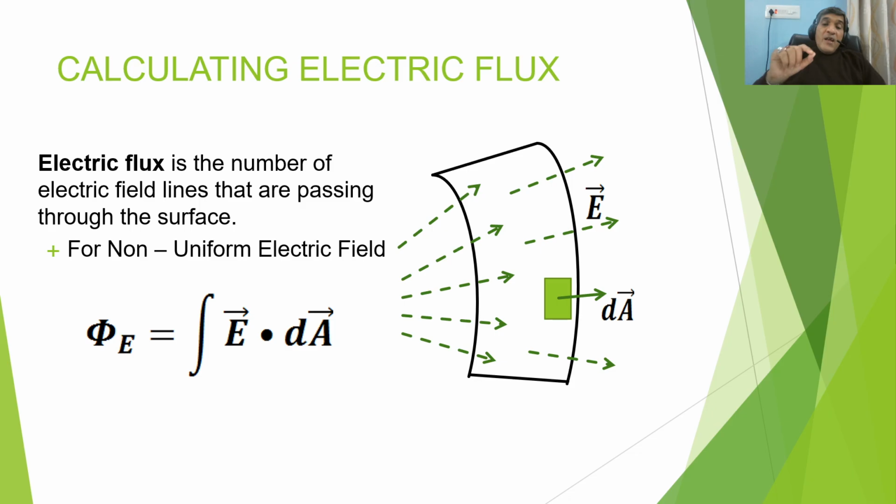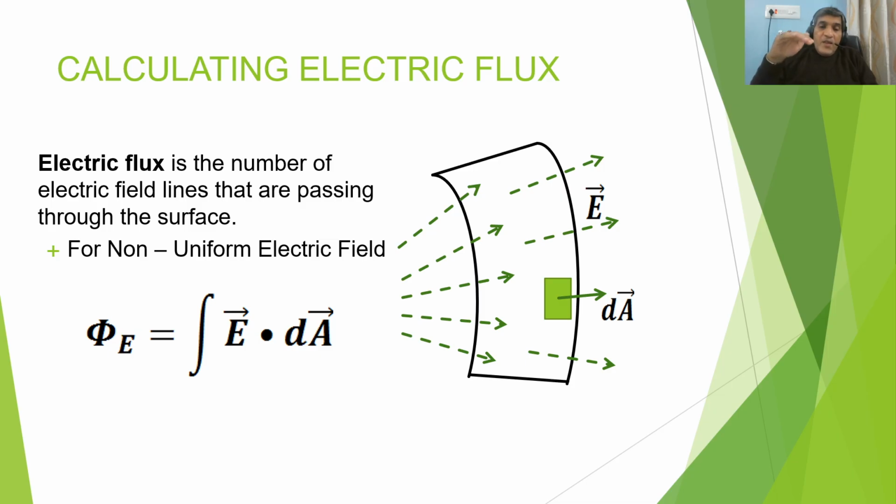These are electric lines of force generated by the charge put inside that particular surface through which we have to find the flux. It is not the electric lines of force generated by a charge put outside that particular surface. So keep that in mind.